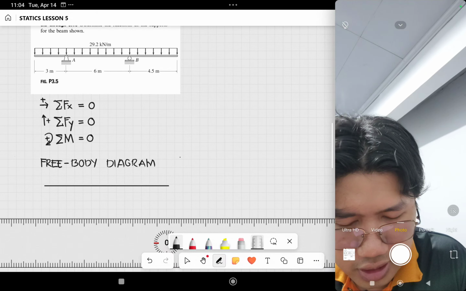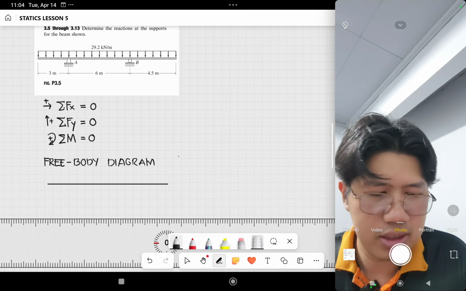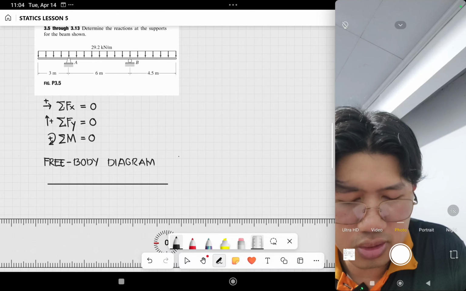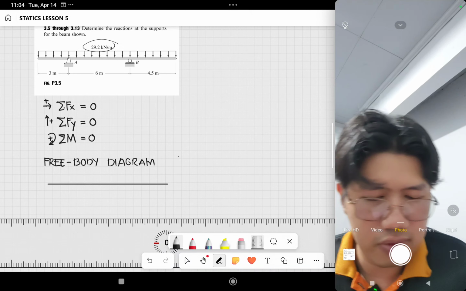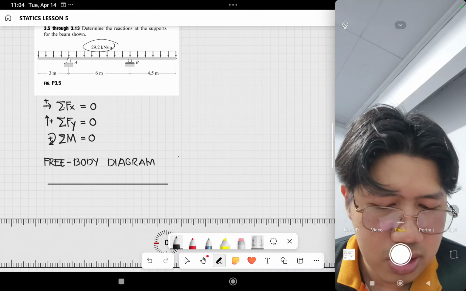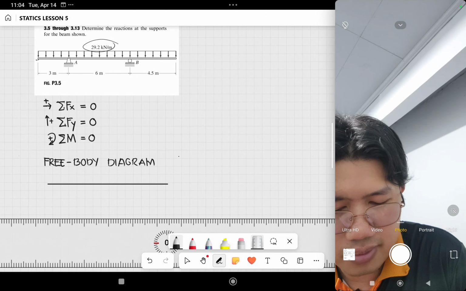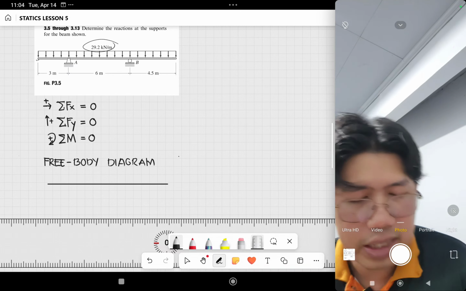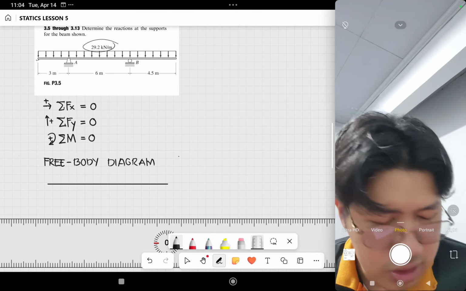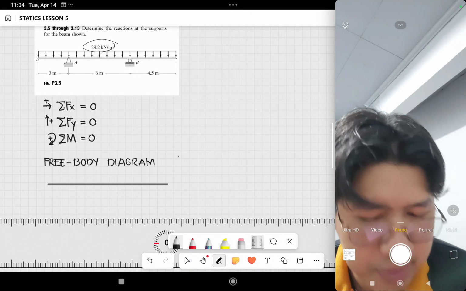Okay, so reflect natin yung ating mga forces. So una is itong distributed force na to, which is 29.2 kilonewton, distributed uniformly throughout from this left end hanggang dun sa right end ng rigid structure na to, or let's call it a beam.